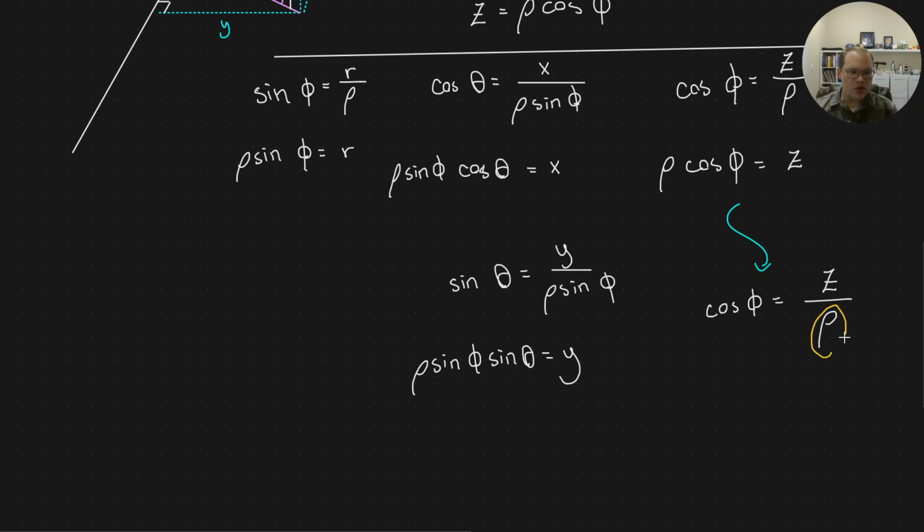And then if we assume that rho is positive, which is a little bit of an assumption, we know that we can generally take the radius to be positive or negative. So if we assume our spherical radius is positive, then we can write this as the square root of x squared plus y squared plus z squared.